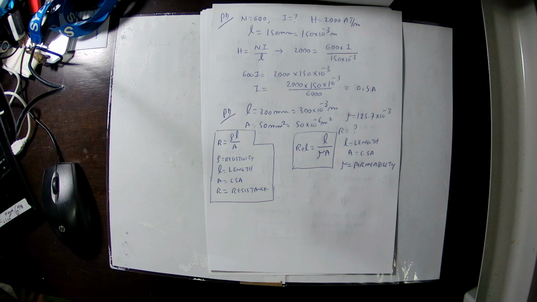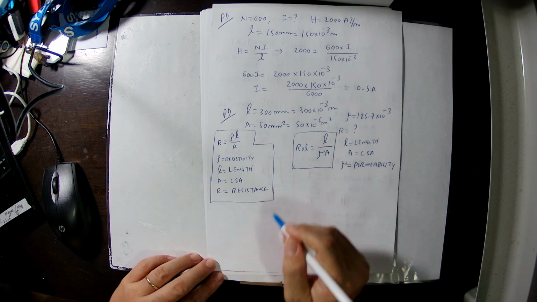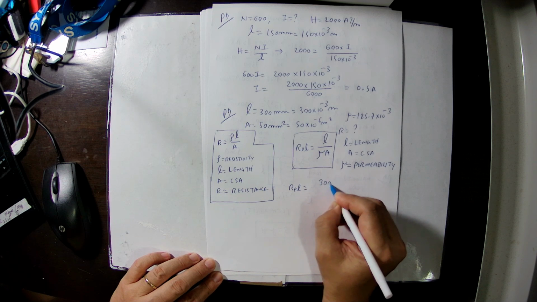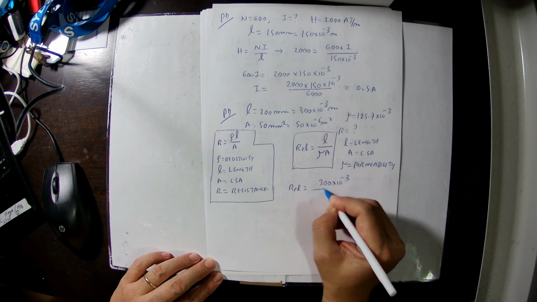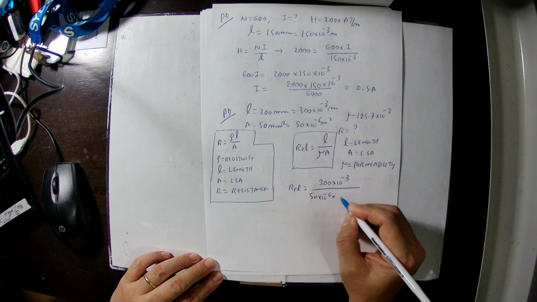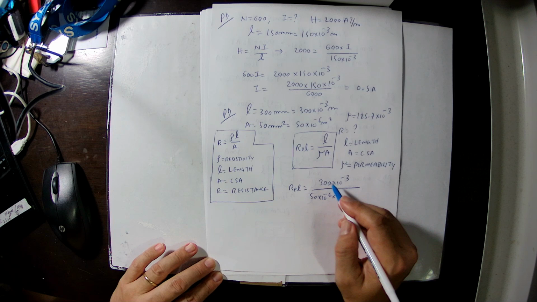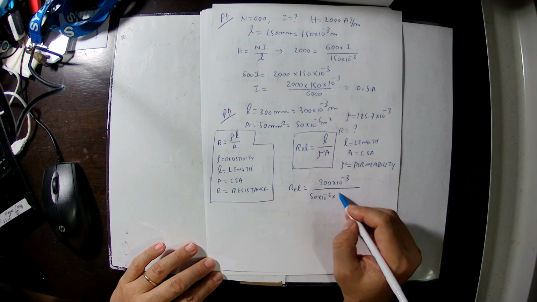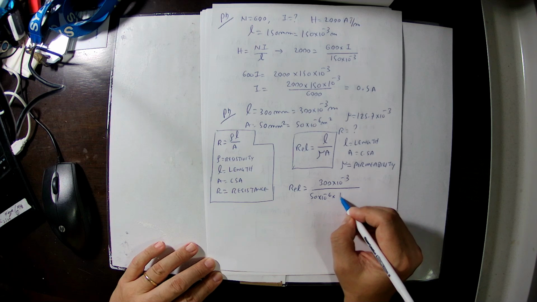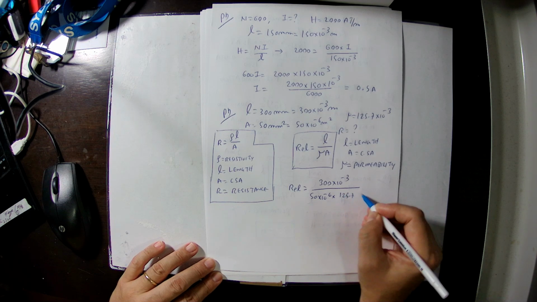Therefore, in this problem, length is given as 300 millimeter, area is 50 millimeter square, and mu value is 125.7. Then we can calculate reluctance. Reluctance equals L, 300 into 10 power minus 3, area is 50 into 10 power minus 6, and mu value is 125.7 into 10 power minus 3.